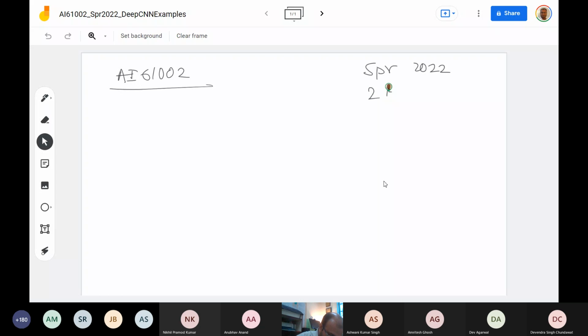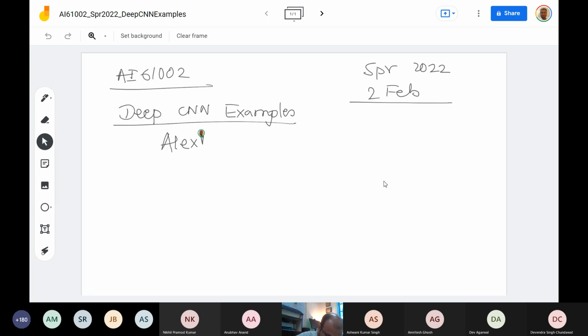Okay, so today we wanted to do some deep CNN examples. And the first one, which I will start with, is what is called AlexNet.